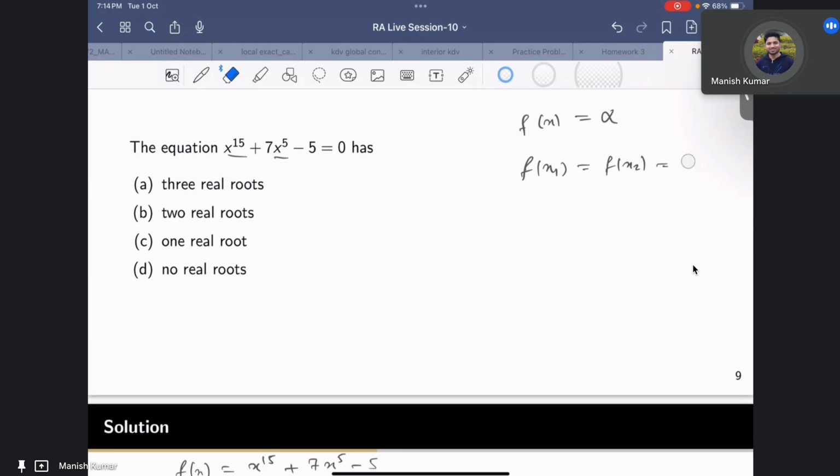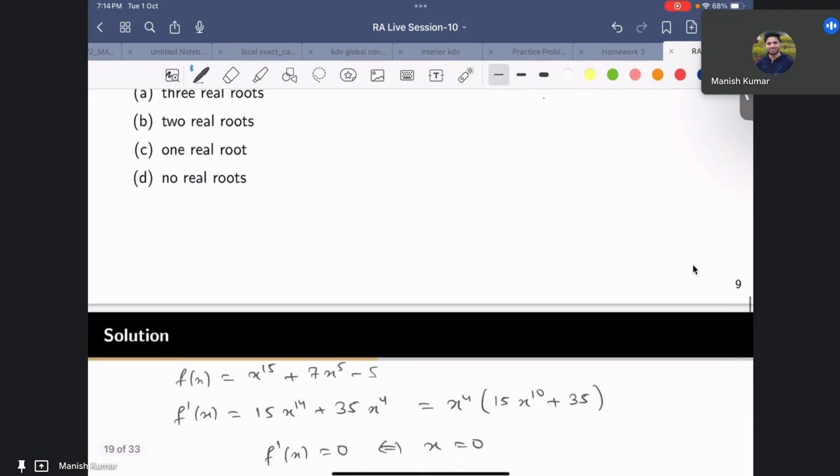There could not be such a scenario because it's strictly increasing. This is possible here because both of the orders are odd. But in general for an odd power polynomial, you cannot say that it has exactly one root. You can say just that it will have at least one real root. That's all you can say.